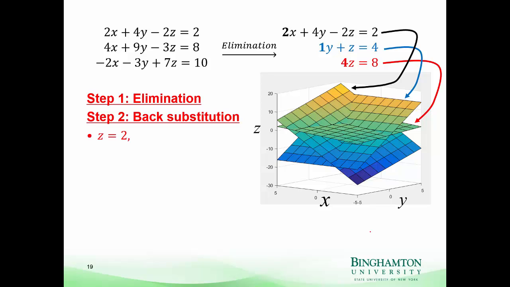So let's look at our next. So that if we solve that, that gives us z equal to 2. Let's look at the next equation. Y plus z is equal to 4. That's this plane right here. So it comes down like this, goes across.